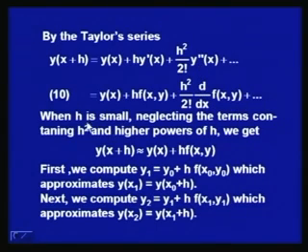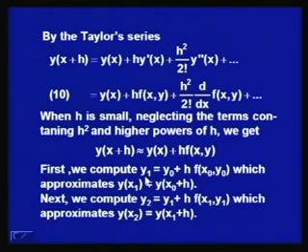Now, when the step size h is small, we can neglect the terms containing h square and higher powers of h, and we thus get an approximate value of y at x plus h as y(x) plus h f(x, y). So, using this approximate formula, we then compute the first approximate value of y at x naught plus h, that is x 1.